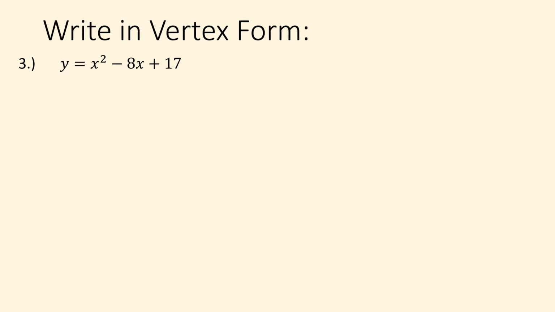One practical method of completing the square is switching from standard form of an equation to vertex form. So we want to switch this ax squared plus bx plus c into vertex form where we have a parentheses squared plus or minus a number. First step here is to take these first 2 terms, and just separate them out from that plus 17.